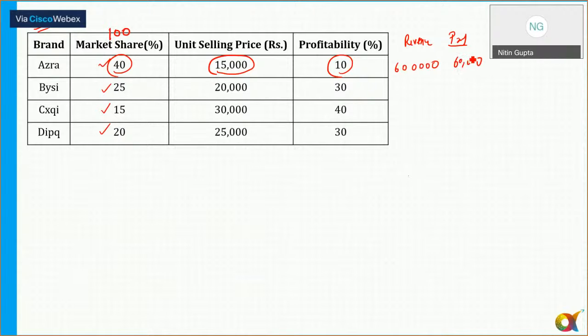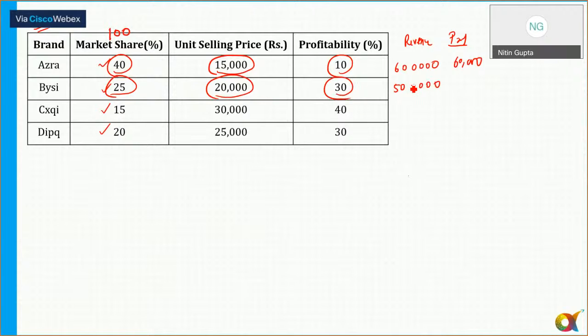Similarly, we can calculate for B, that is 25 units. Unit selling price is 20,000. So total revenue is 20,000 into 25, that is 25 into 2, equal to 50 followed by 4 zeros. And the profitability is 30%.